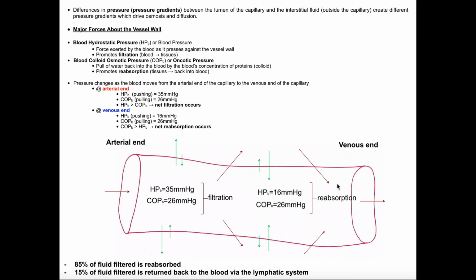So, remember, blood volume is proportional to blood pressure. If you're only reabsorbing 85% of the fluid, then you have a lower blood volume in this area and therefore a lower blood pressure. And that's actually one of the major reasons why the venous end of the capillary is a lower pressure than the arterial end. And also another reason why the venous system in general is lower pressure than the arterial system. Okay? So hopefully that makes sense.